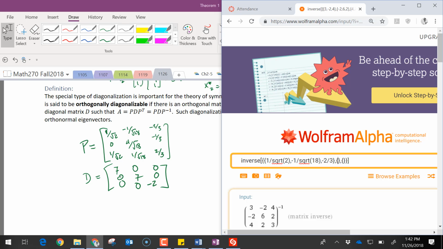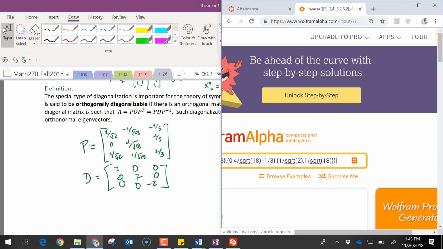All right, 0, 4 divided by square root of 18, -1/3. 1 over root 2, 1 over root 18, and 2/3.